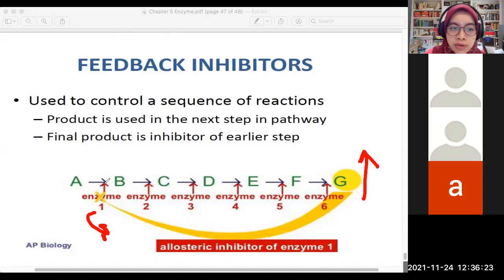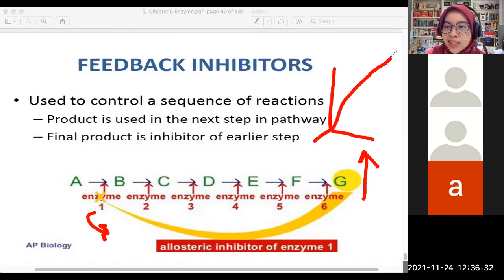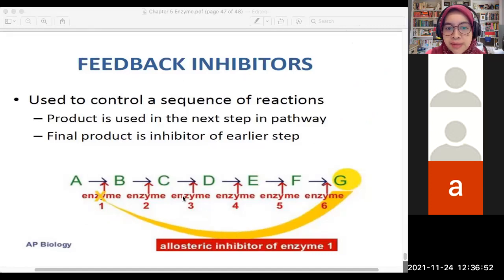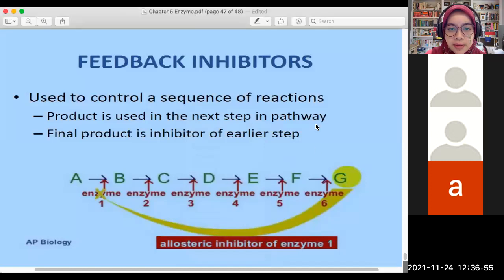This will stop the reaction so that we can control reactions in our body. We won't have an infinite reaction in our body. At some point, the product itself will cause the reaction to plateau to control the amount of product that is formed. The product is used in the next step in the pathway, so the final product will become the inhibitor of the earlier step. So that is feedback inhibition.